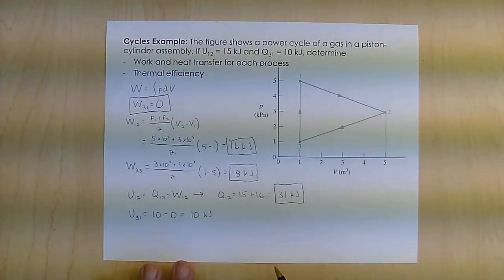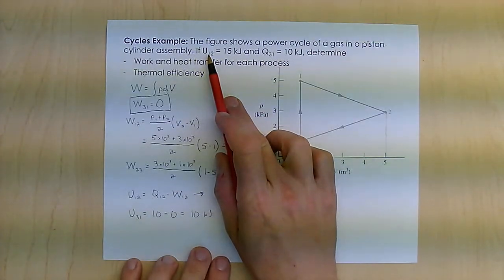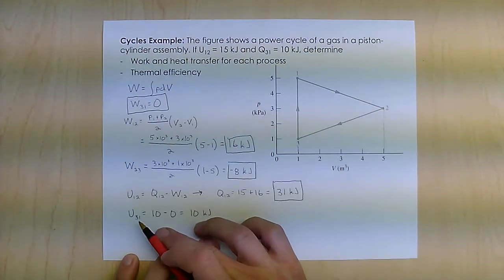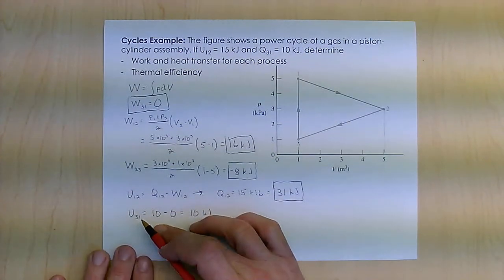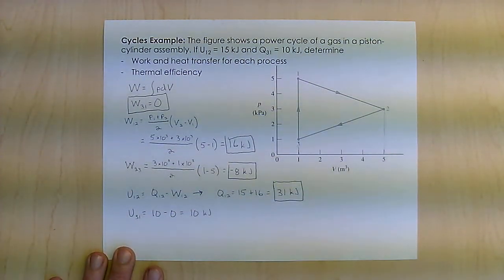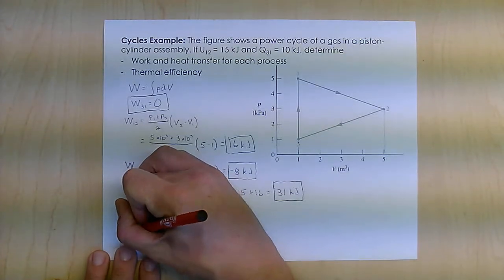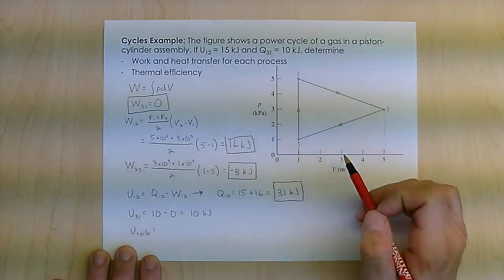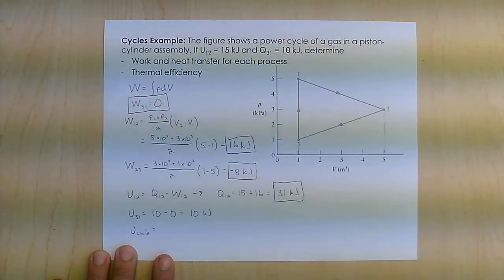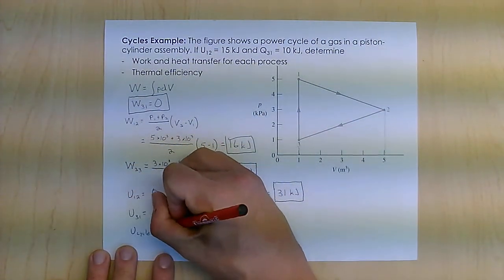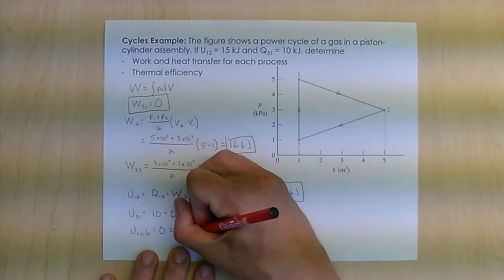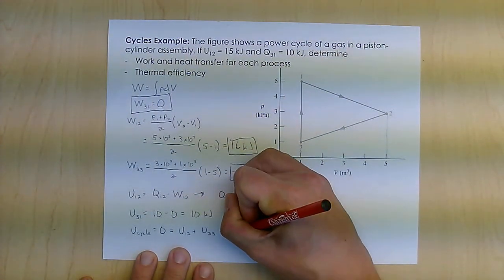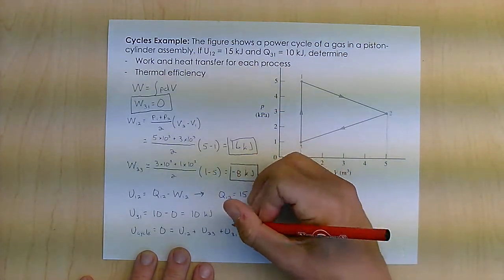Now I know U1 to 2 and U3 to 1. What I need to know is the total change in energy. Because it's a cycle, it has to start and end at the same property. So the total change in energy has to equal 0, which means U1 to 2 plus U2 to 3 plus U3 to 1 has to equal 0.